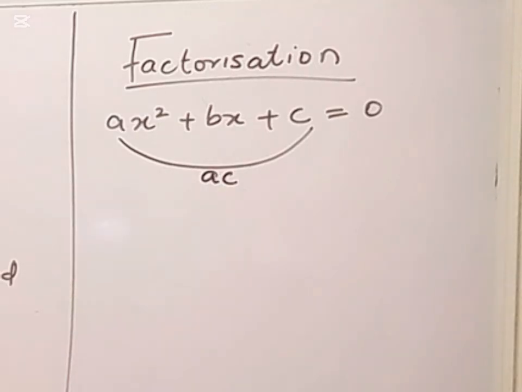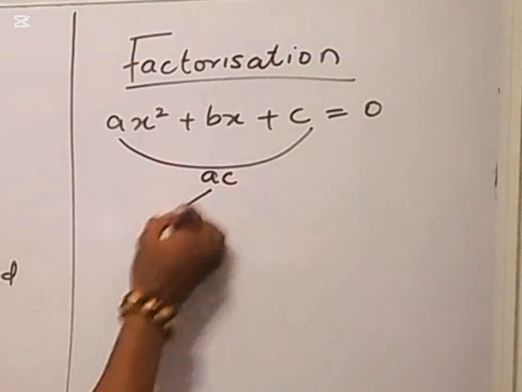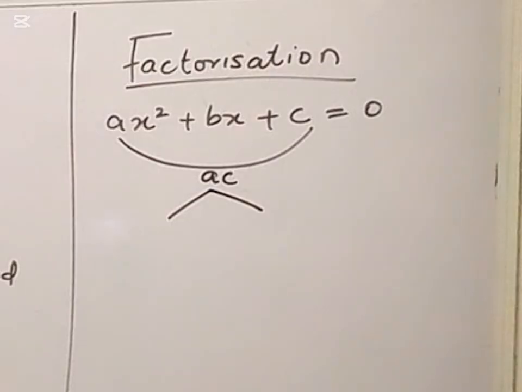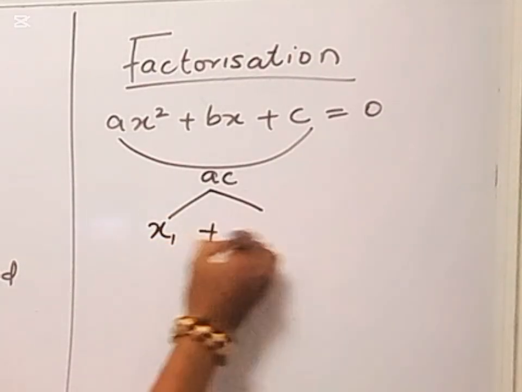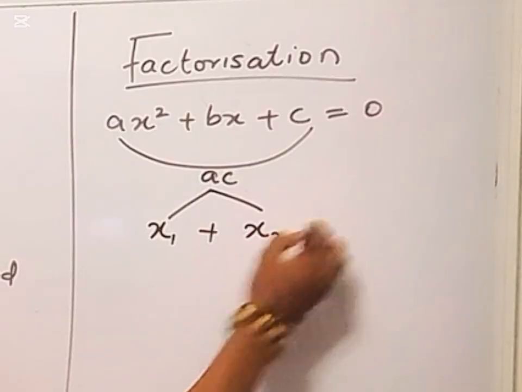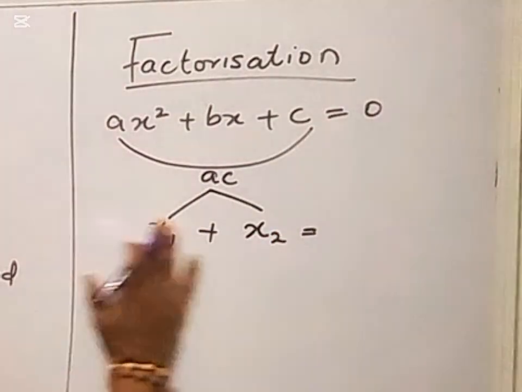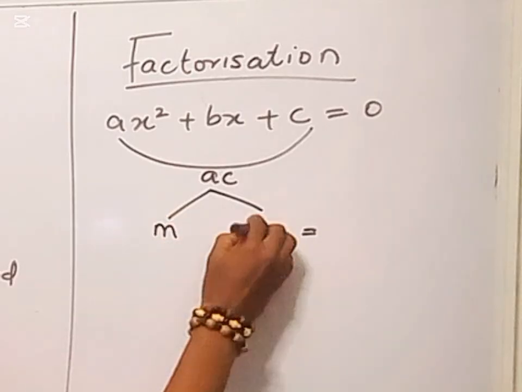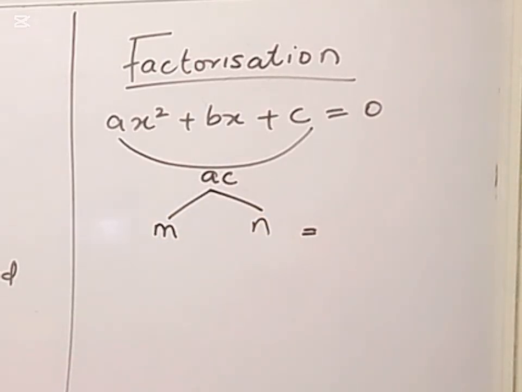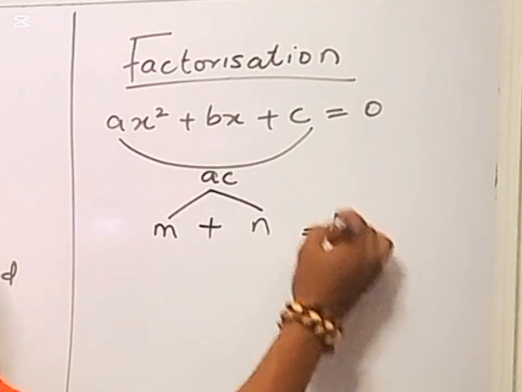Whatever your AC is, you get 2 factors of AC, let me call them m and n, such that when you do m plus n, it will give you b.